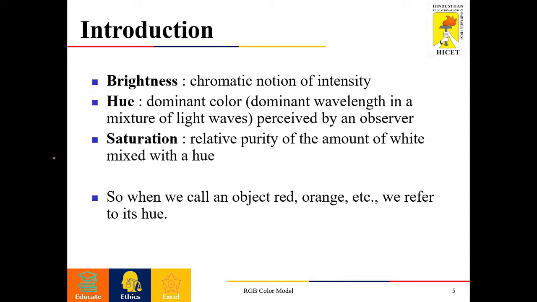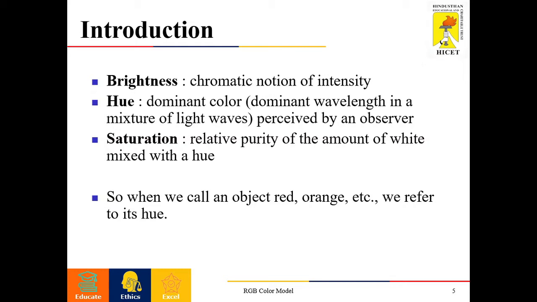For example, if a person perceives an object as red, then the hue is red. That redness may change from person to person or object to object, but that red is the dominant wavelength coming out of the object, hence it is called the hue of that object. Similarly, saturation is the relative purity, or the amount of white light mixed with the hue.